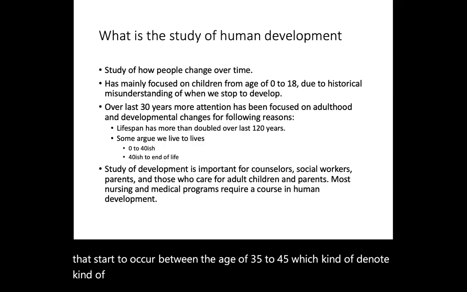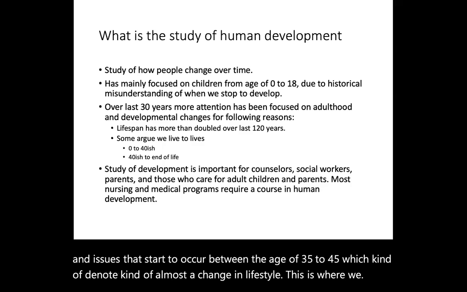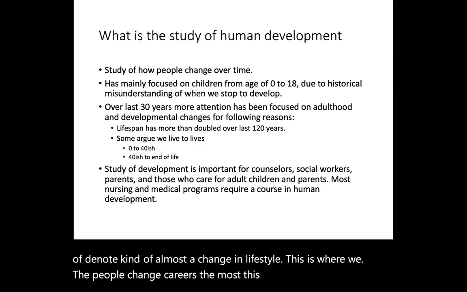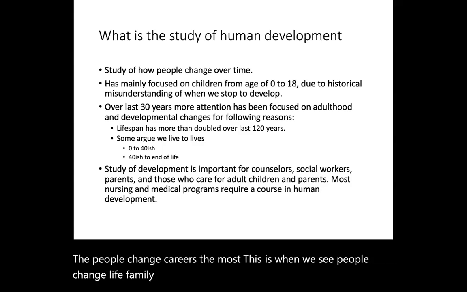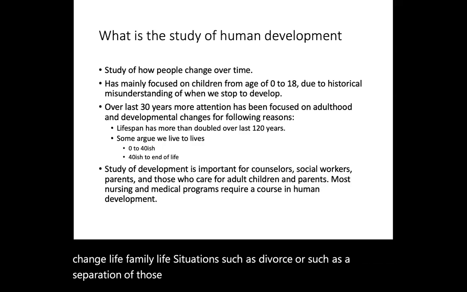This is where we see people change careers the most. This is when we see changes in family life situations, such as divorce or separation. So we see major transitions that occur during this time.